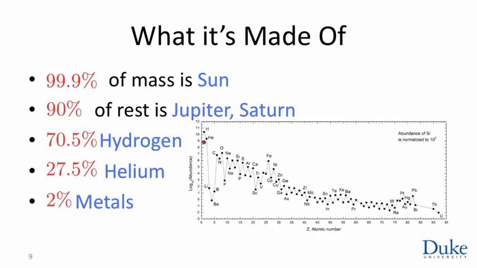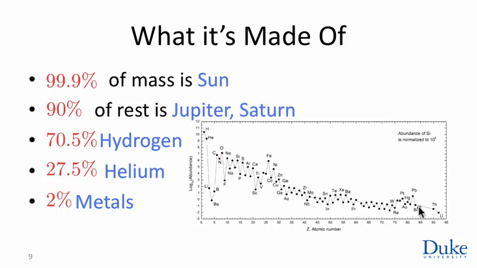There's a factor of 10 less helium than hydrogen, and together, because everything else is down by a factor of 10,000, they comprise almost the entire content of the solar system. By mass, because a helium atom weighs 4 times as much as a hydrogen atom, that works out to about 70% hydrogen, 28% helium, and 2% the rest.